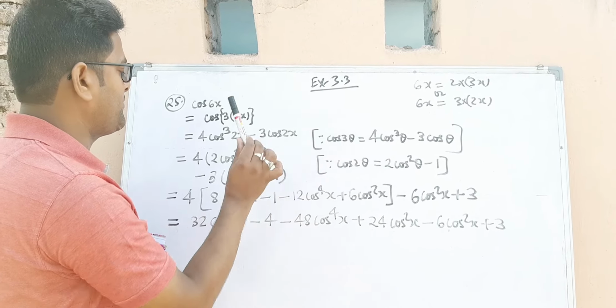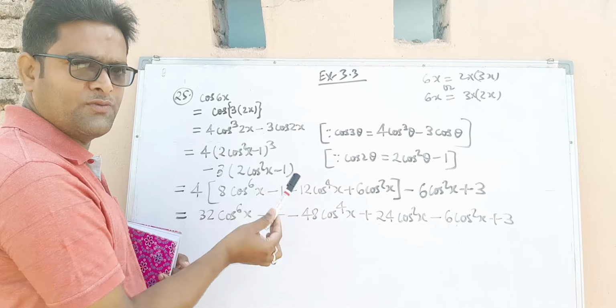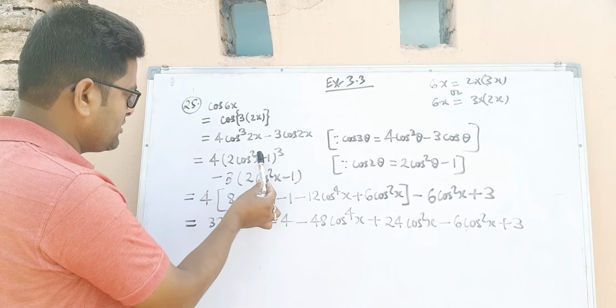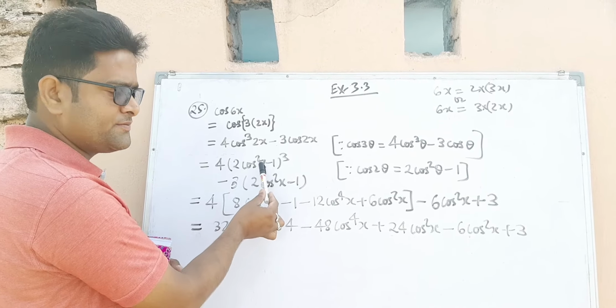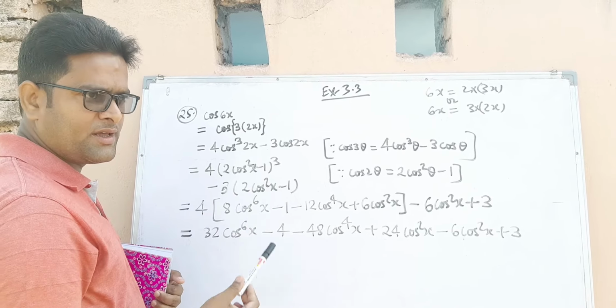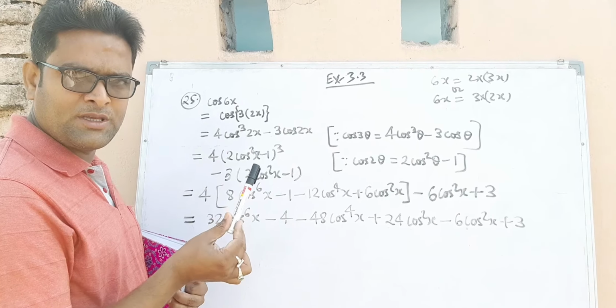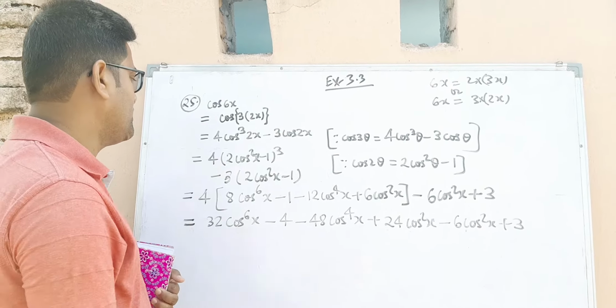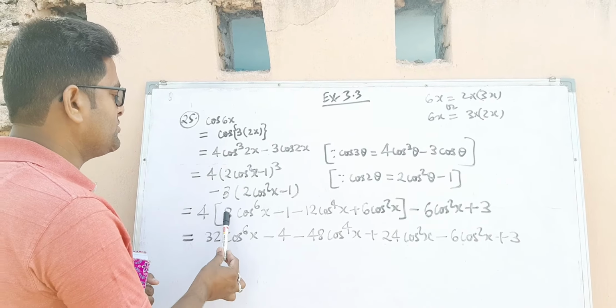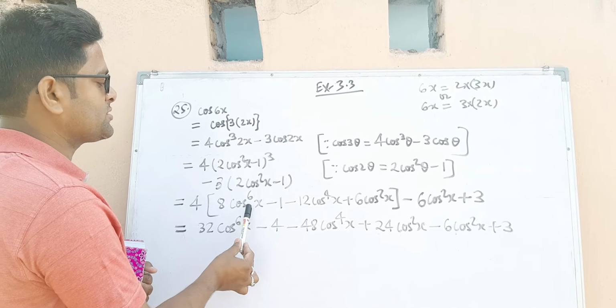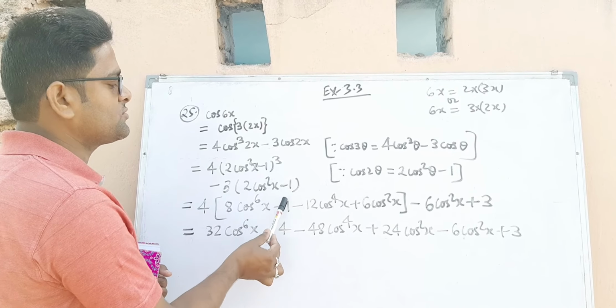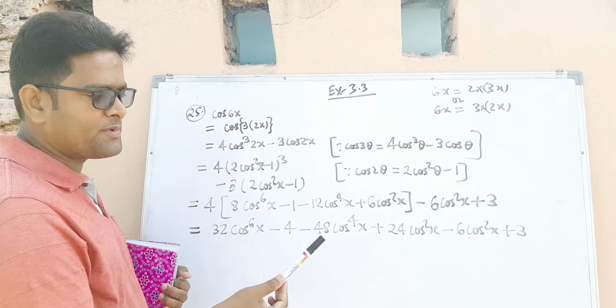Now (a minus b) whole cube. You have to take care while doing the expansion of it. (a minus b) whole cube, we have the formula a cube minus b cube minus 3a square b plus 3ab square. So a cube is 2 cube, 8, and it is cos to the power 6 x. Minus b cube is 1, because minus 1 whole cube is minus 1.